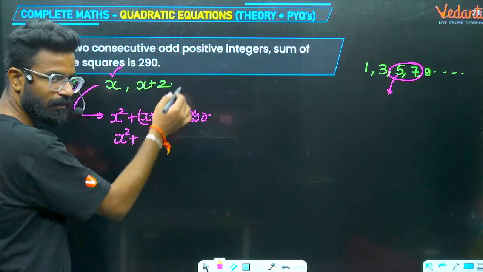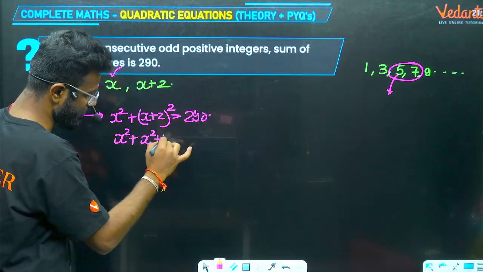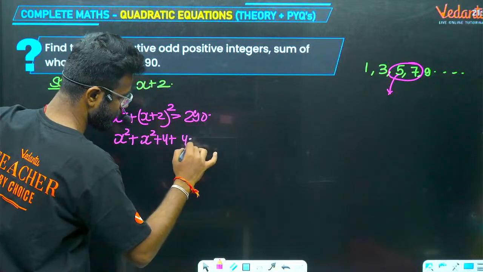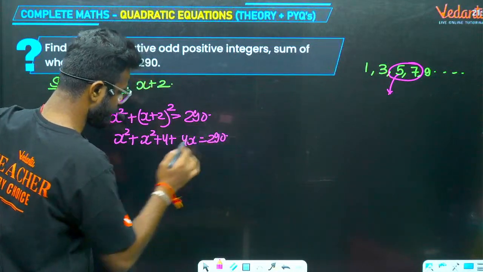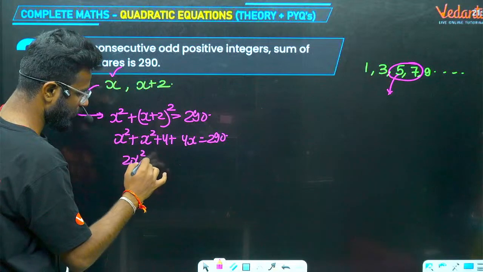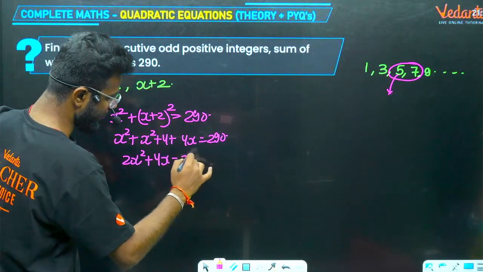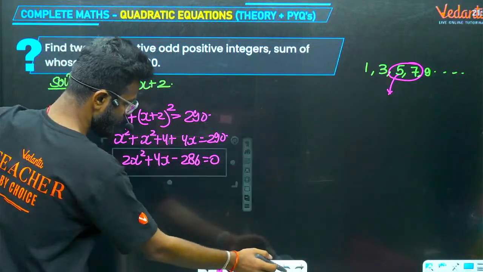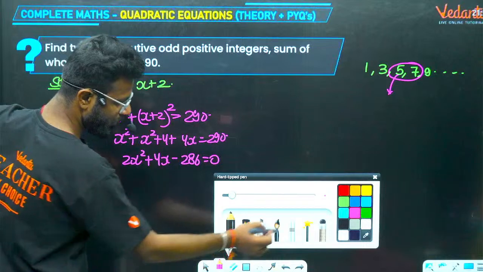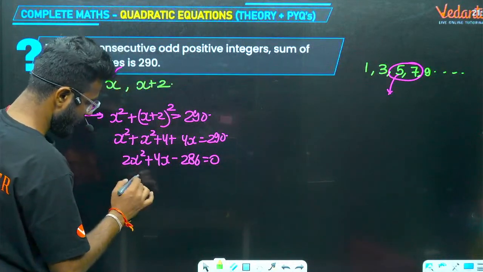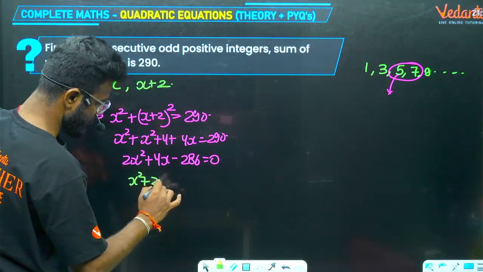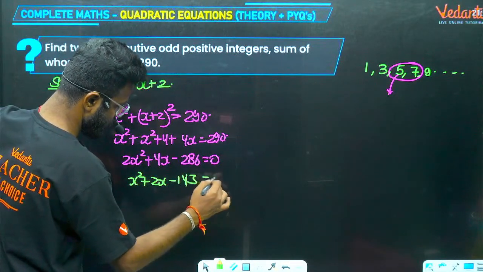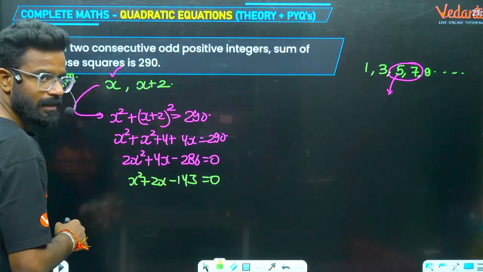x plus 2 whole square, by a plus b whole square is equal to a square plus b square plus 2ab, 2ab means 4x. 290. 2x square plus 4x minus 286 is equal to 0. This is the required equation. Take 2 as a common factor: x square plus 2x minus 143 is equal to 0. Simple.